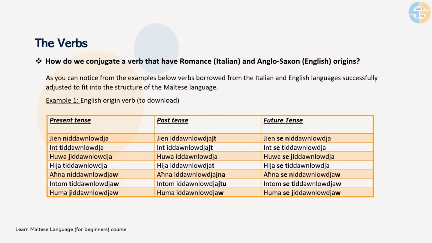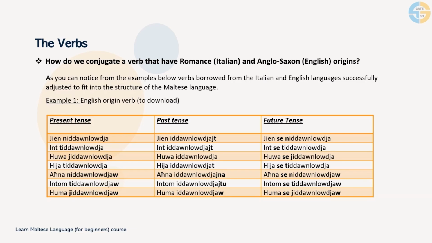So future tense. Remember we said se and the present tense. So jien se niddownloadja. Inti se tiddownloadja. Huwa se jiddownloadja. Hija se tiddownloadja. Aħna se niddownloadjaw. Alright? Intom se tiddownloadjaw. Huma se jiddownloadjaw.